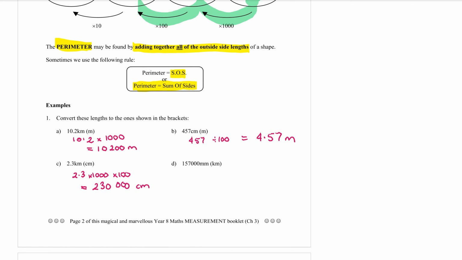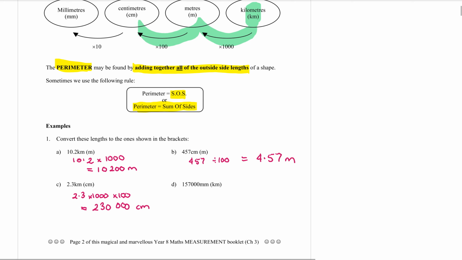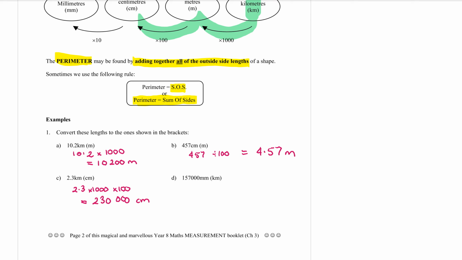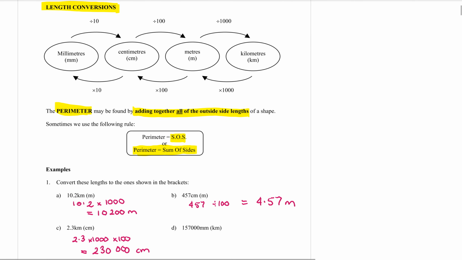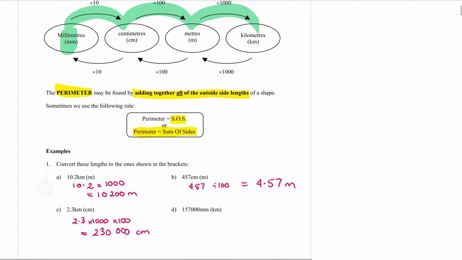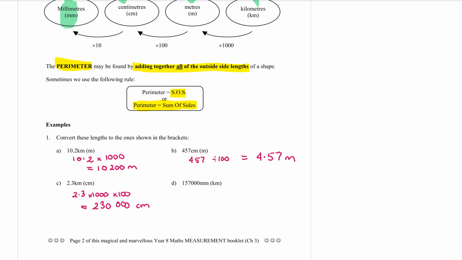And last one of these, part D, I want to convert 157,000 millimeters to kilometers. So I'm at millimeters down here, and I want to get to kilometers all the way at the other end. So I have to do 1, 2, 3 jumps. I need to divide by 10, divide by 100, and divide by 1000. So we start with 157,000.